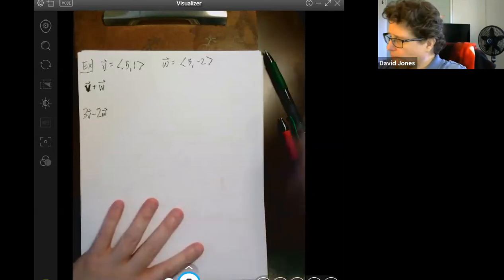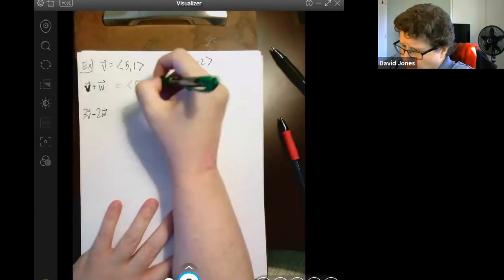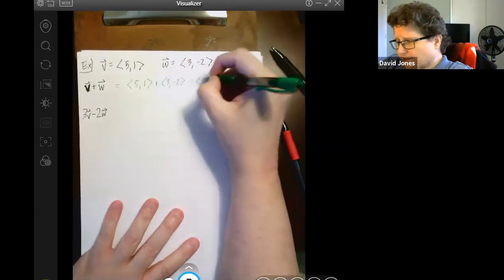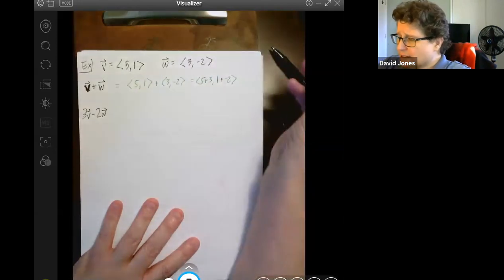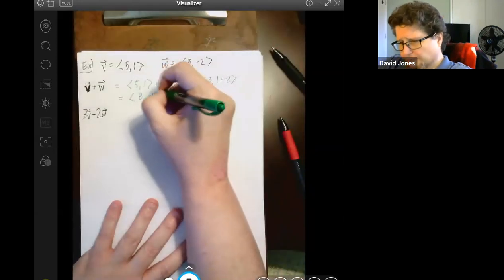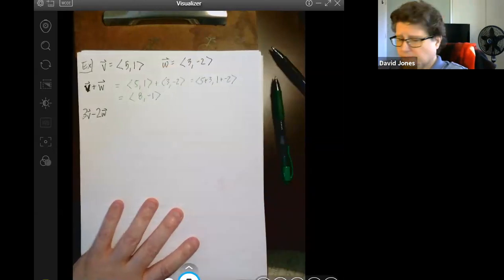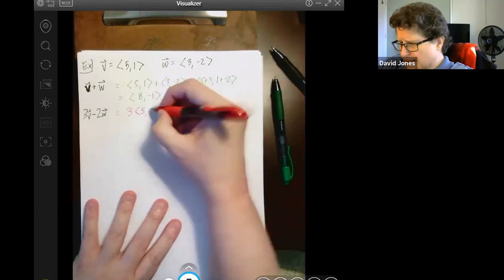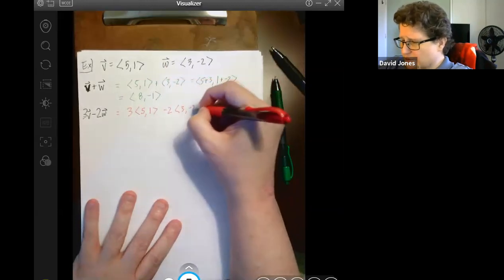Okay. What do we have here? 5 plus 3, 1 plus negative 2. And that turns into 8 comma negative 1. This one I've got 3 times 5 comma 1 minus 2 times 3 comma negative 2.